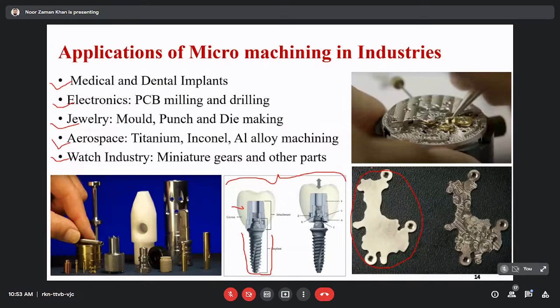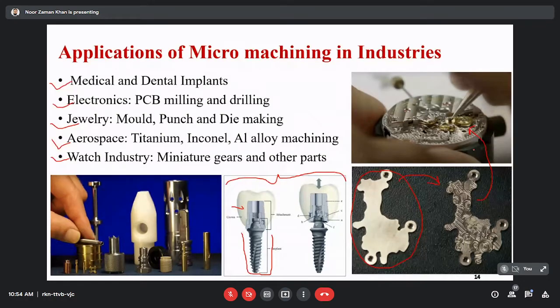So if you see this small component of a wristwatch, after micro machining, see the micro features available on this component, and then they need to put this small component in the wristwatch.